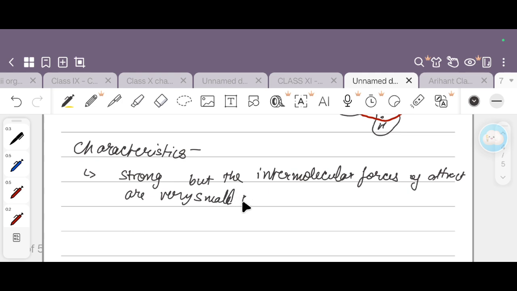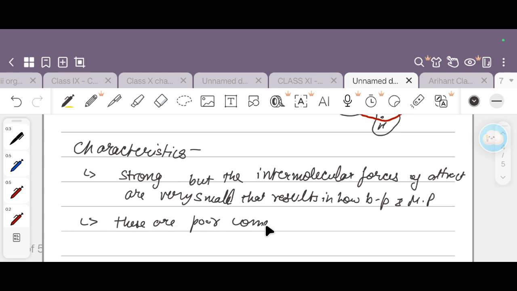That results in low boiling point and melting point. The second characteristic is these are poor conductors of electricity and heat.